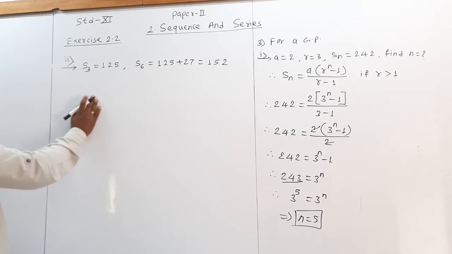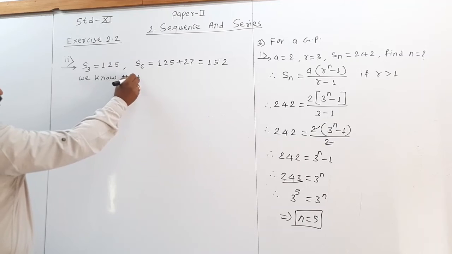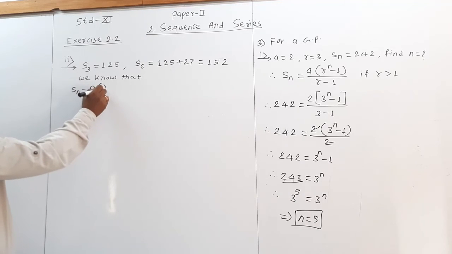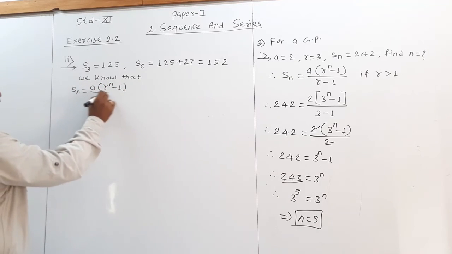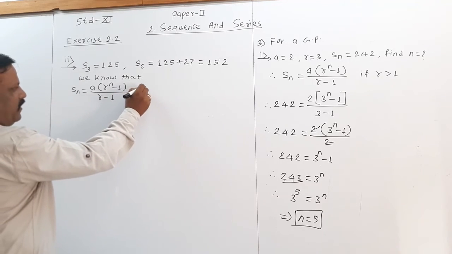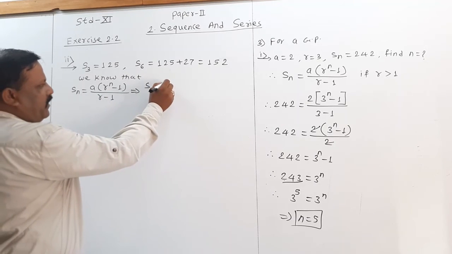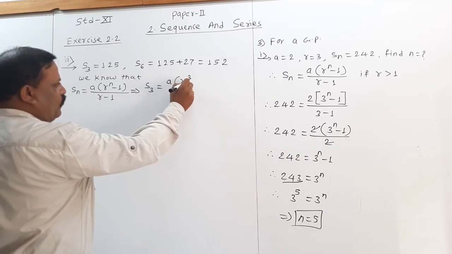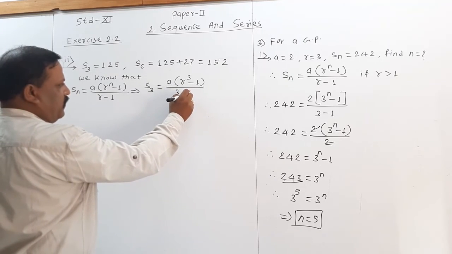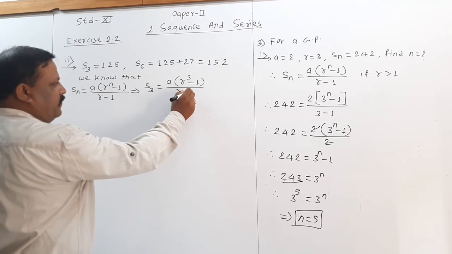So we know that Sn is equal to A into the bracket R raised to n minus 1 upon R minus 1. This implies that S3 equals A multiplied by R cube minus 1 divided by R minus 1.